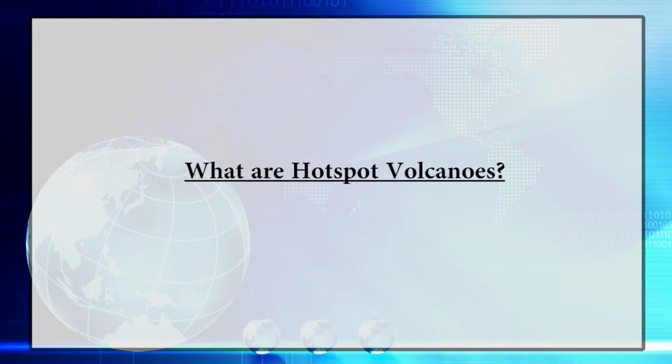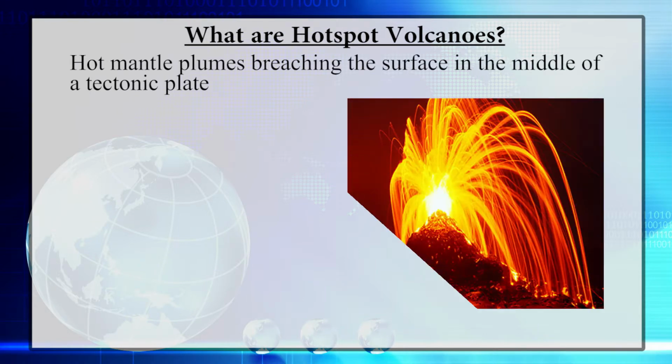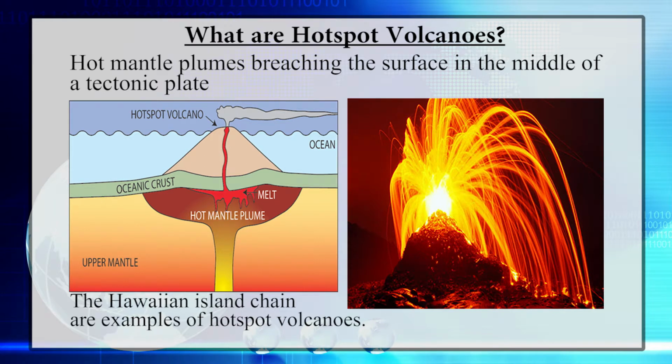Actually, what are hotspot volcanoes? Hot mantle plumes breaching the surface in the middle of the tectonic plates result in hotspot volcanoes. The Hawaiian Island chain is an example of a hotspot volcano.